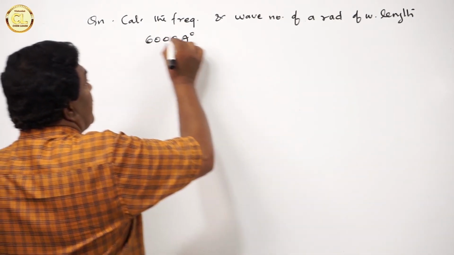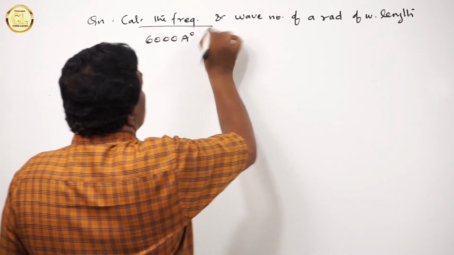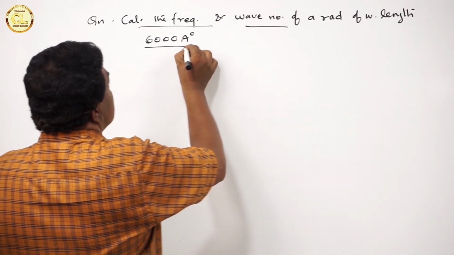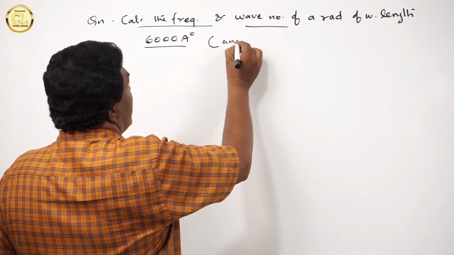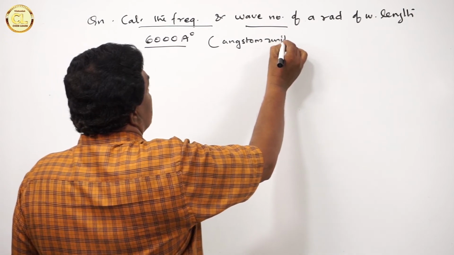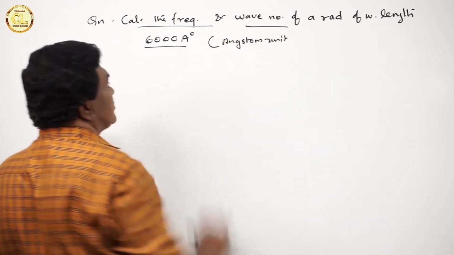We are asked to find the frequency and wave number of a radiation of wavelength 6000 angstrom unit.